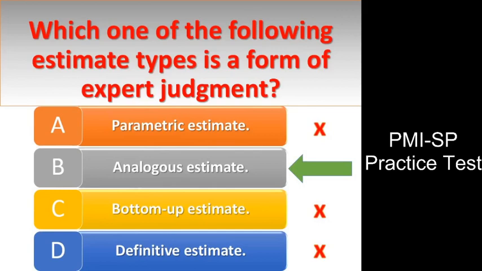Parametric estimating uses a parameter, such as 10 hours per fixture installation, as a base to predict the duration of the project. Answer option D is incorrect. The definitive estimate, also known as a bottom-up estimate, accounts for the cost of each work package.